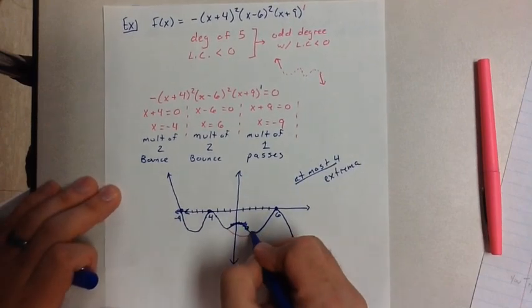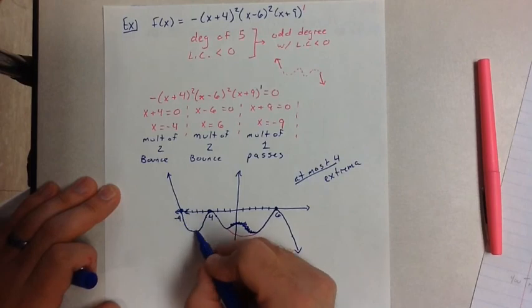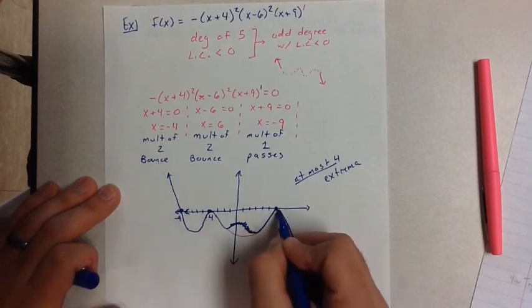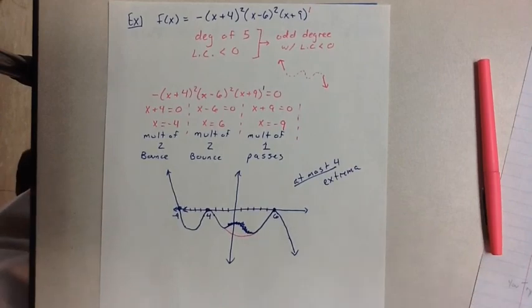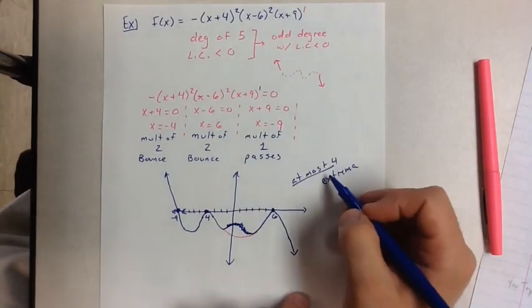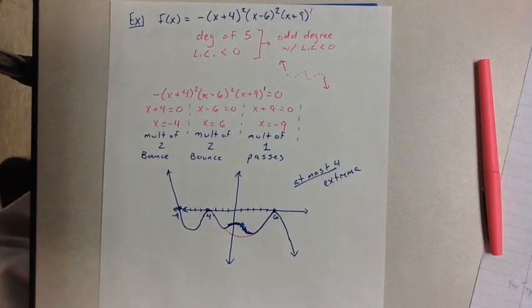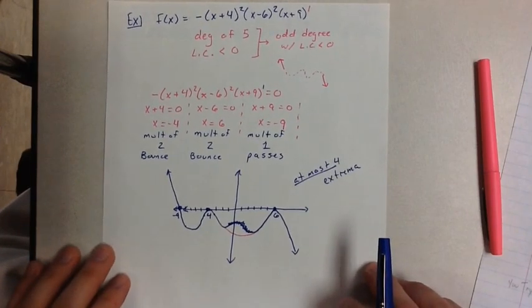So it might have been just simpler for me. I was trying to get all fancy. It might have been just simpler to go down, up, back down. So try not to get all fancy, but we do need to pay attention still to our degree with how many extrema that we can have. So we have it. We have the process needed to sketch a graph.